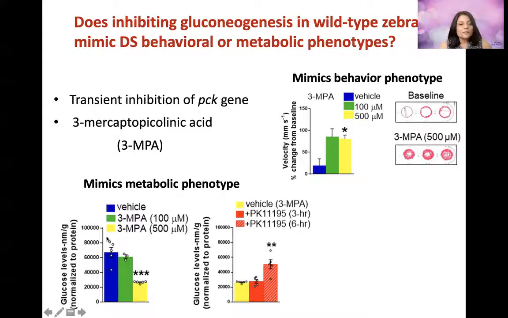So this is a concentration dependence of the compound in the glucose concentration assay in the wild type zebrafish. And we were able to reverse the effects of this using PK11195. So the glucose concentrations were then normalized by PK11195.